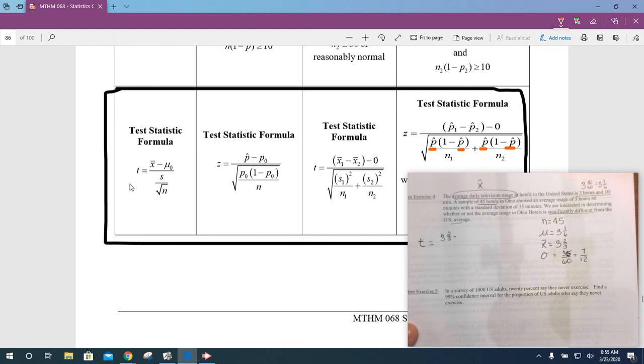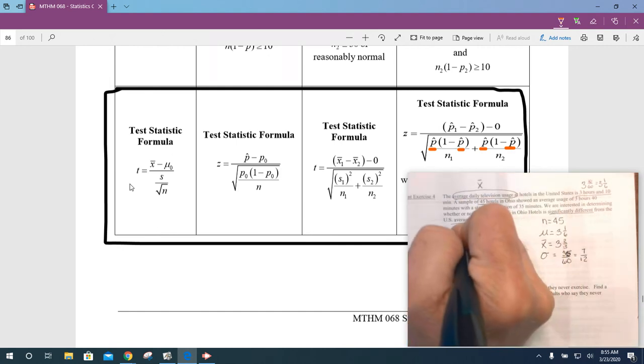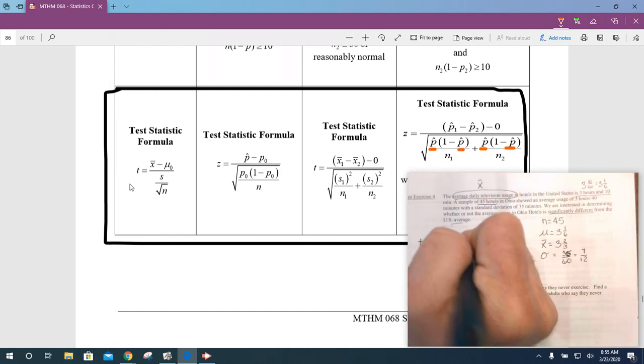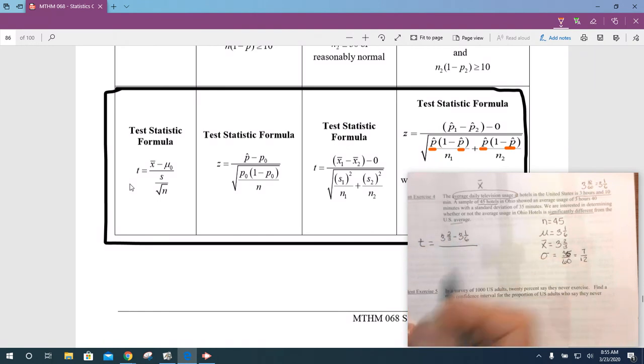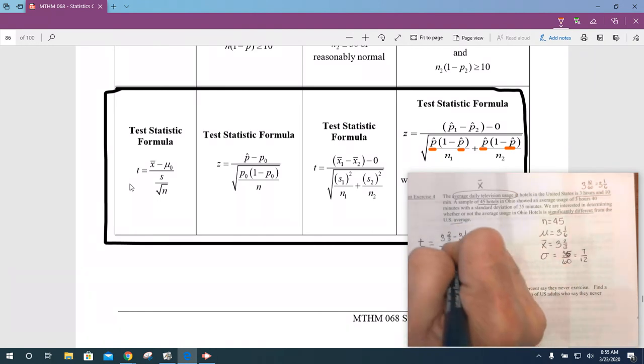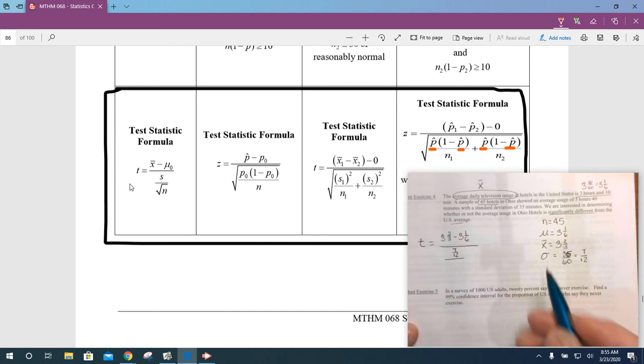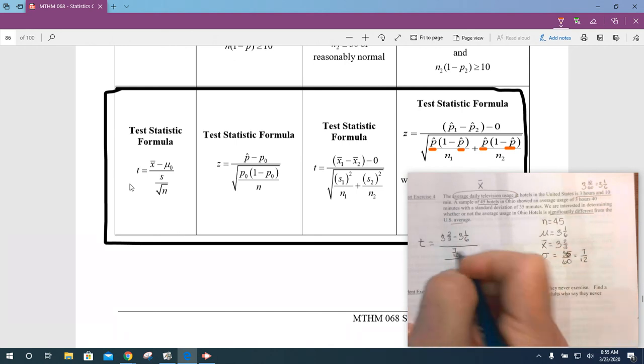My mu value is my null, really, because it's where all states are. The U.S., 3 1/6. I'm going to divide that by the standard deviation. Well, the standard deviation is my 7/12 of an hour. And that 7/12 of an hour has to be divided by the root of n, and n was 45.